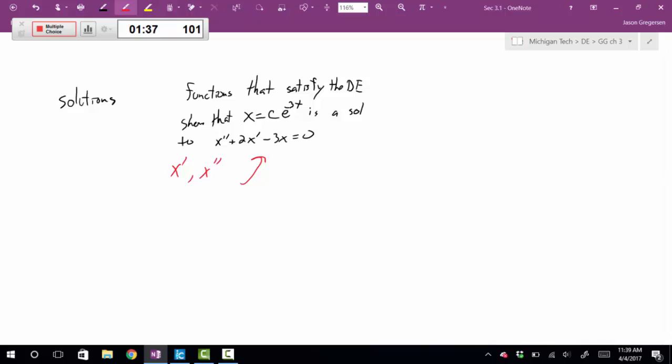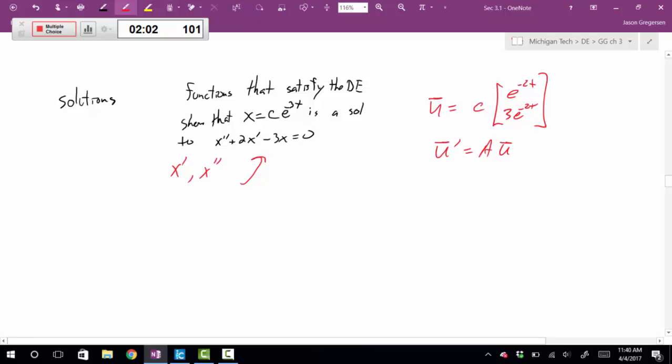It's going to be the exact same thing for systems. In a system, you might have some solution that looks like this: some constant times e to the negative 2t and then 3e to the negative 2t. And that's the solution to some system like that. Well, how do we check?